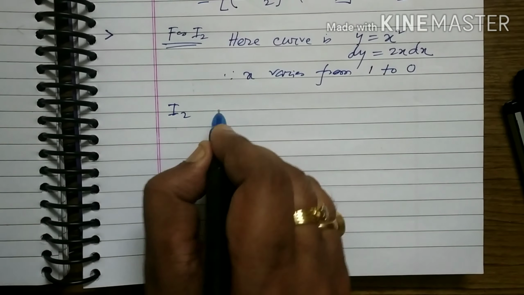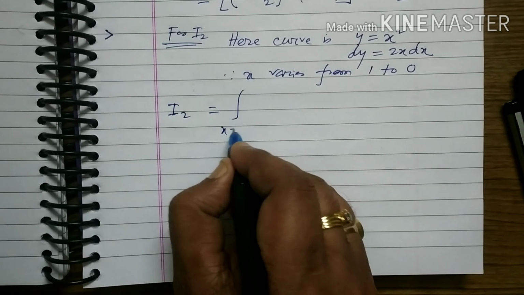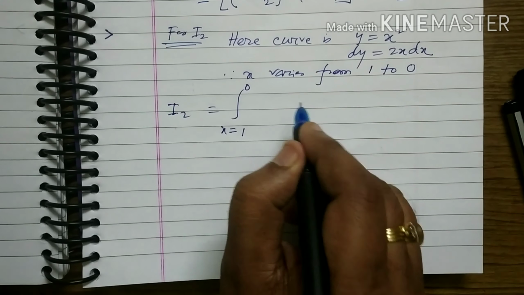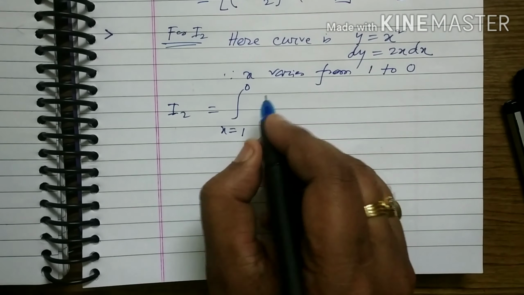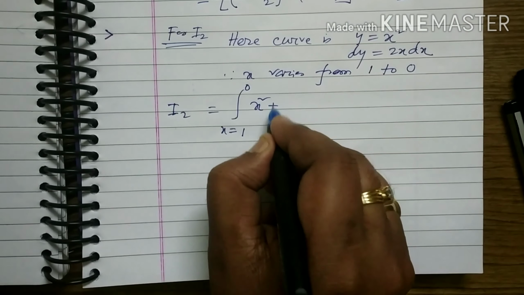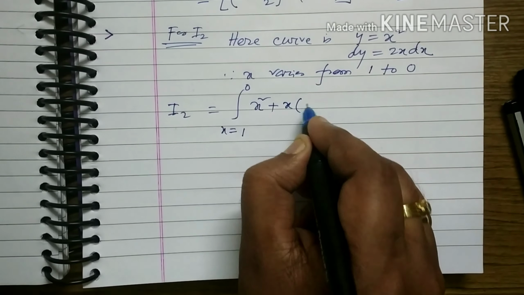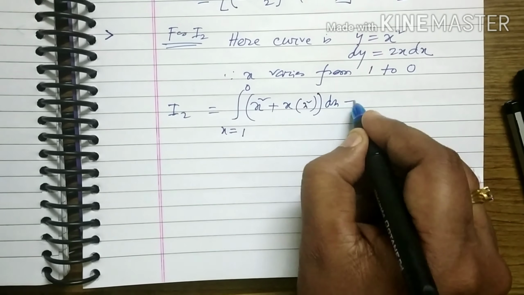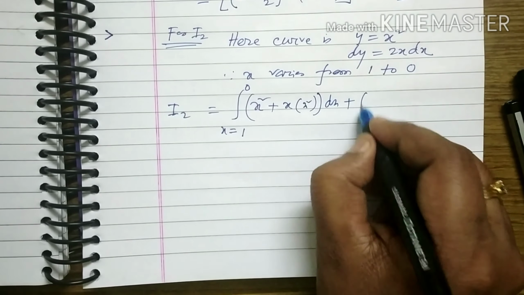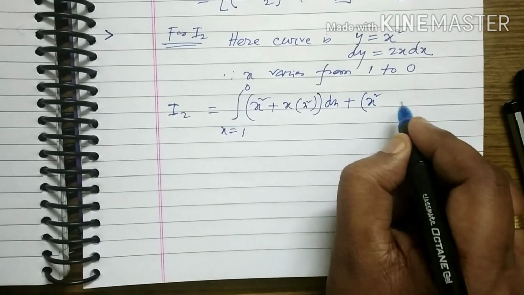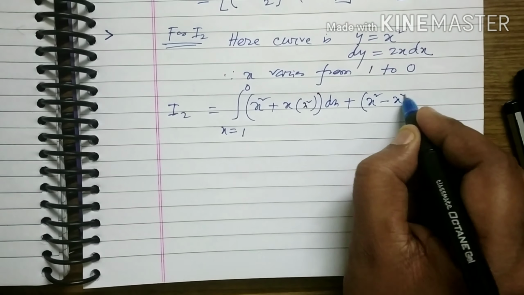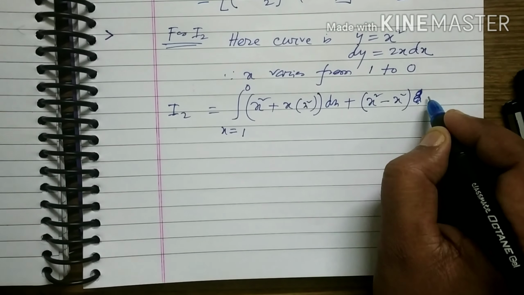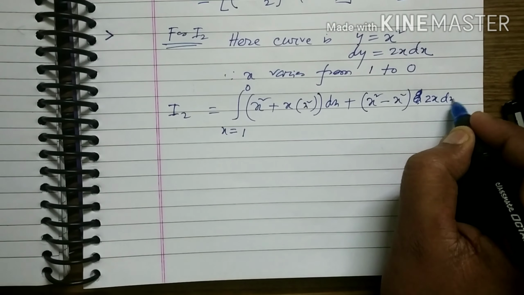So write down I2 equals the integral from x equals 1 to 0. Your form is x square plus xy, with y replaced by x square, into dx, plus x square minus y, with y replaced by x square, and dy replaced by 2x into dx.